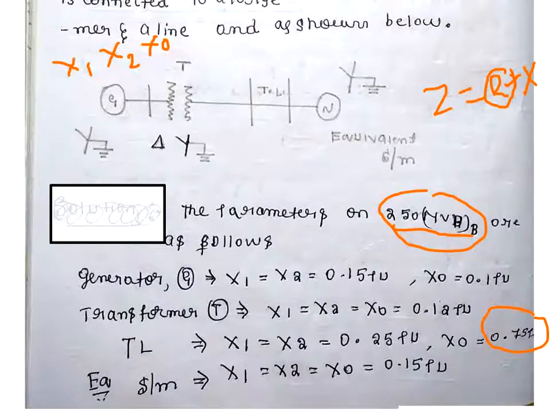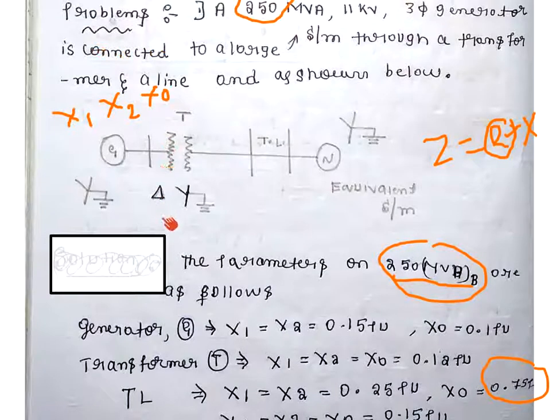Yes, sir. The question is that you need to draw a reactance diagram separately, for positive sequence, negative sequence, and zero sequence. In the second chapter, what you drew was a combined three-phase reactance diagram, right?